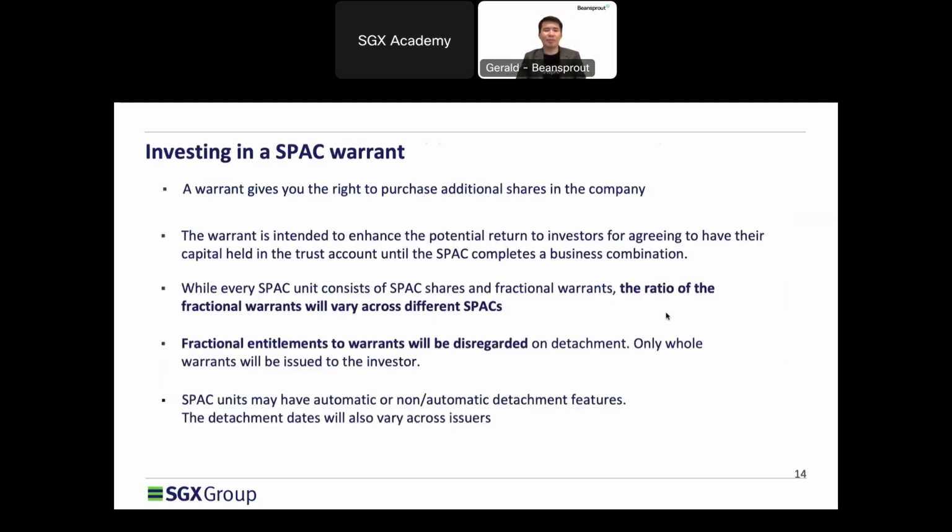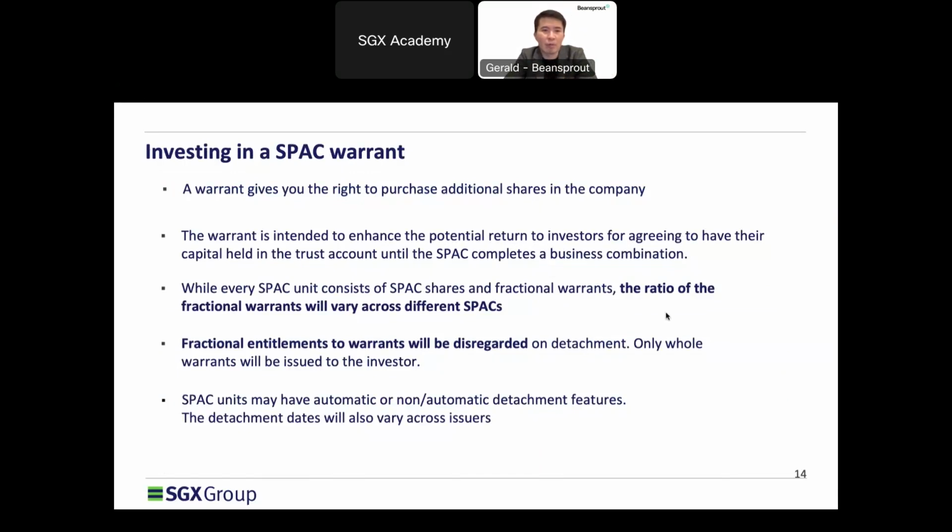Okay, so earlier I spoke about the SPAC actually splitting into a SPAC share as well as a SPAC warrant. For some of you, you may not be familiar with warrants, so I wanted to do a quick recap of what warrants are. If you go to the SGX website, you'll be able to see the warrants of the SPACs being traded as well.